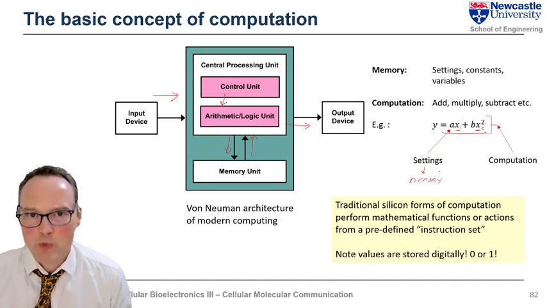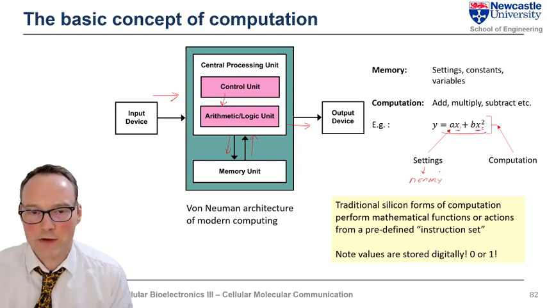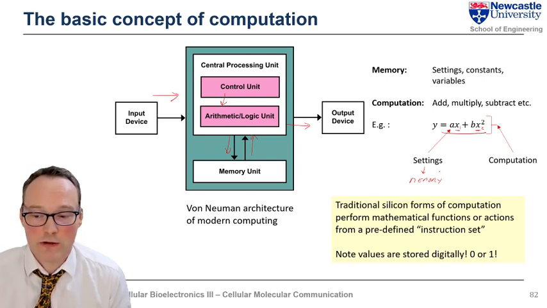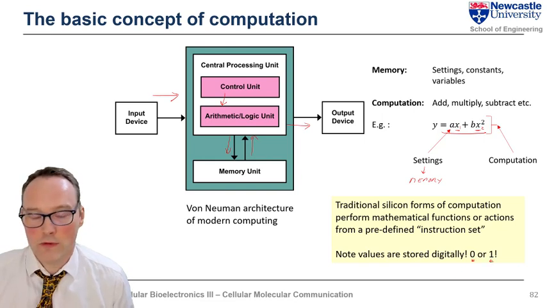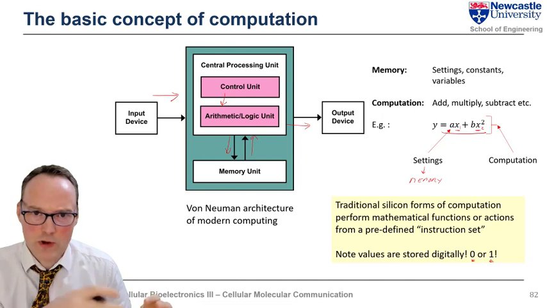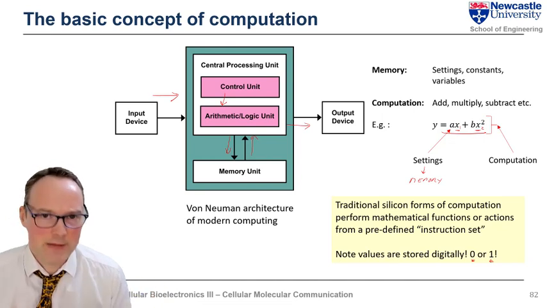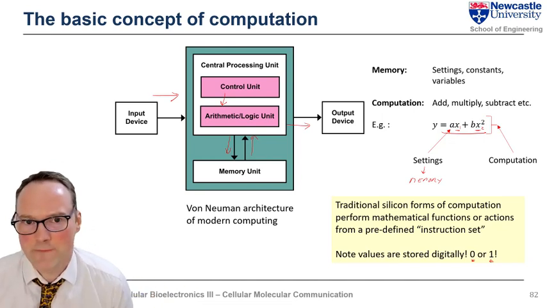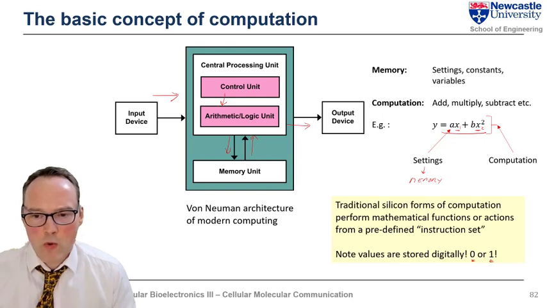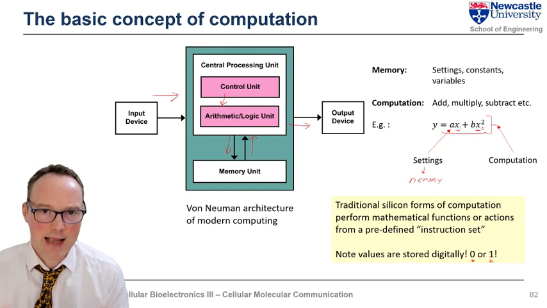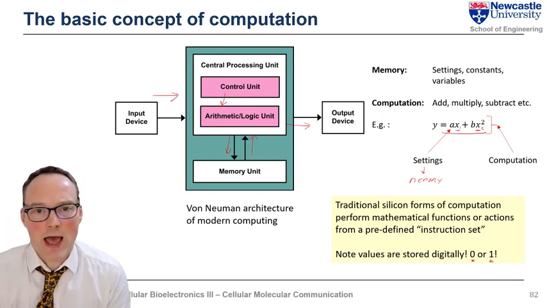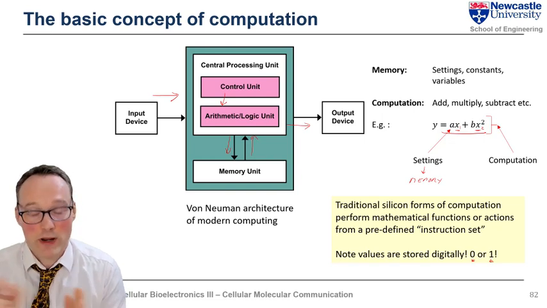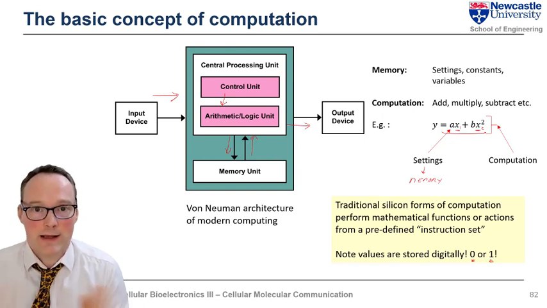Now it's worth noting that the values in the digital world are stored as either a 0 or 1, and a sequence of these, 1 0 1 0 or whatever, in 8-bit or 16-bit or 64-bit form. When you come to neurons, information is transmitted in an action potential, which is digital in amplitude, but is analog in time.